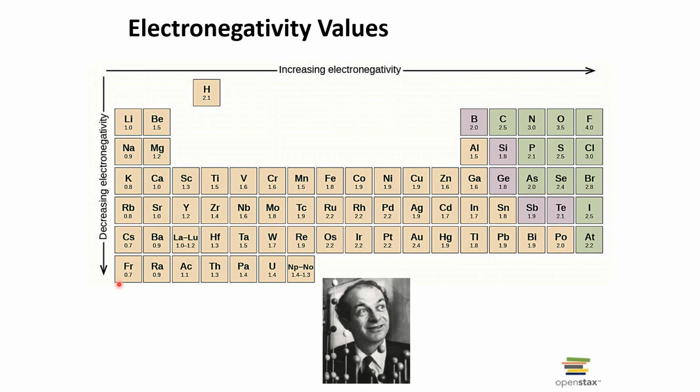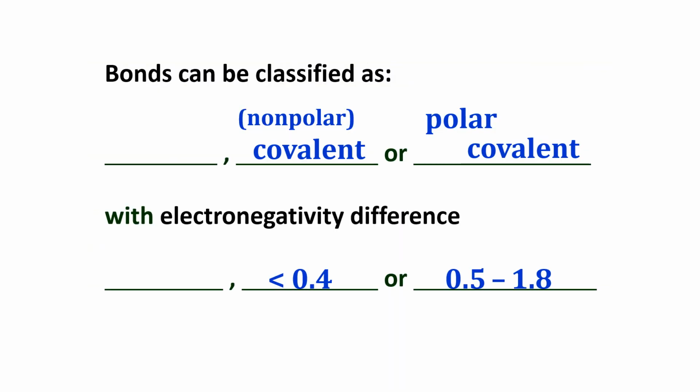Okay, and here is how we determine what kind of bond the electronegativity difference gives. So it can be determined as ionic bonds, nonpolar covalent bonds, or polar covalent bonds. Once it reaches a particular electronegativity difference, it basically separates.